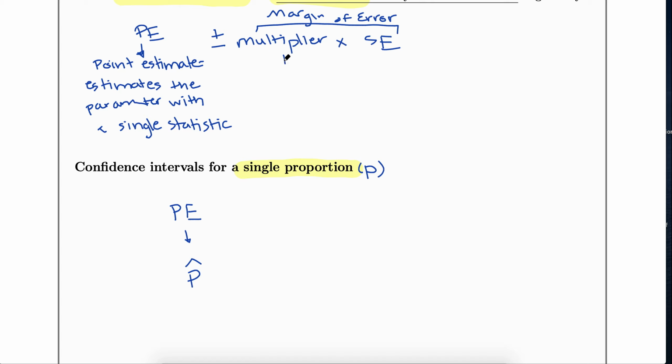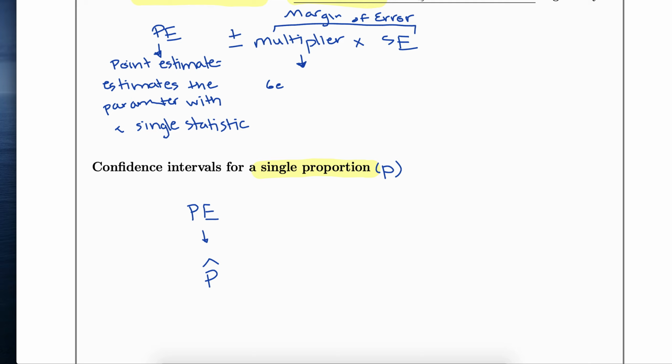All right, so the multiplier, the point of this term is to give us our level of confidence. I mentioned earlier that we want to attach some level of confidence with our estimates. 90% confident, 95% confident, and so on. So multiplier gives our level of confidence.